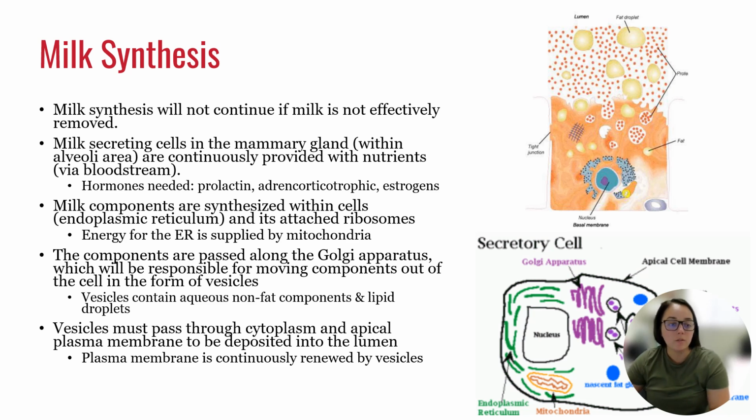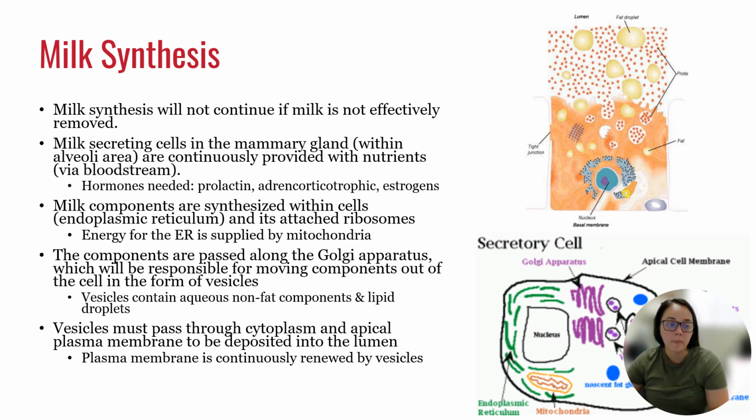So those milk secreting cells within the mammary gland, those secreting cells is what we refer to them as, they're within the alveoli area. They are continuously providing nutrients to those secreting cells from the bloodstream in order to make what we will then see as these milk components.